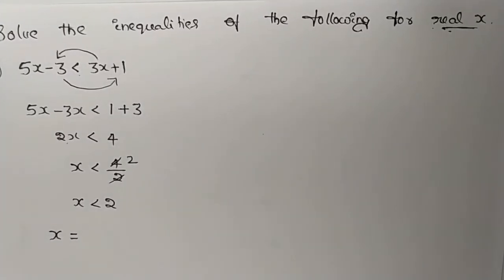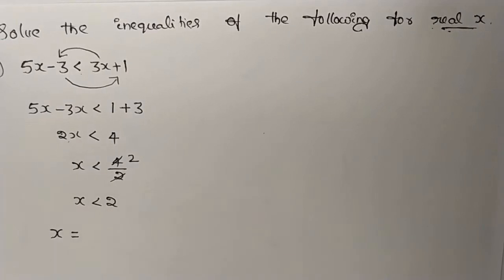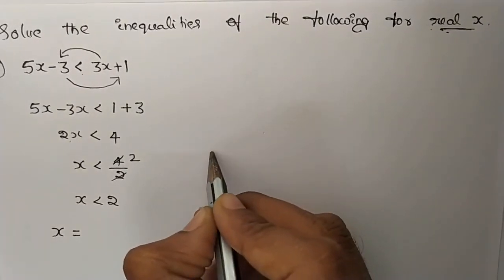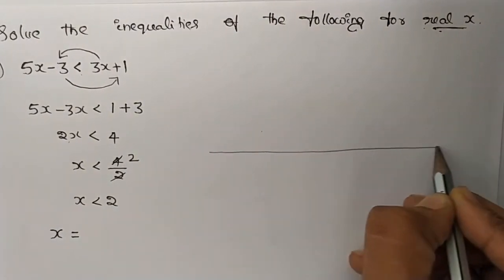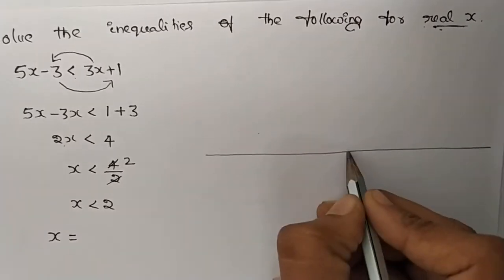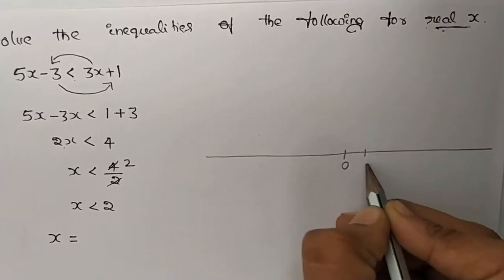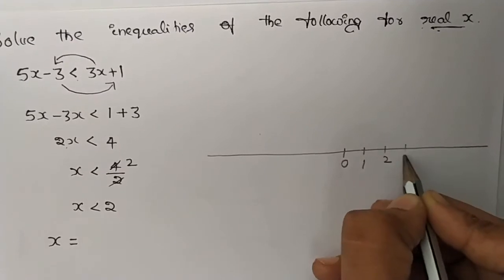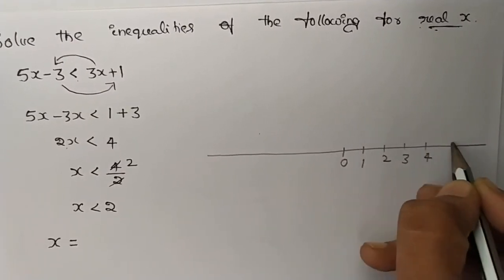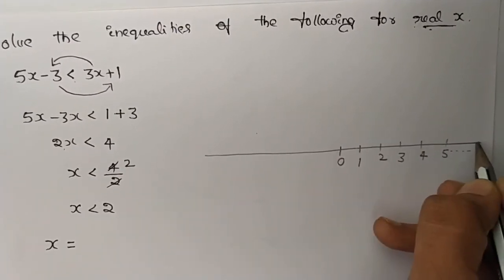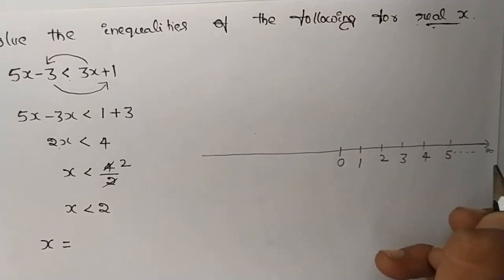Before that you just take a number line, a real line. 0, 1, 2, 3, 4, 5, 6 and so on, up to where? Plus infinity.